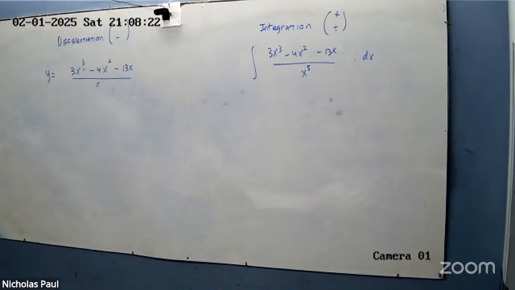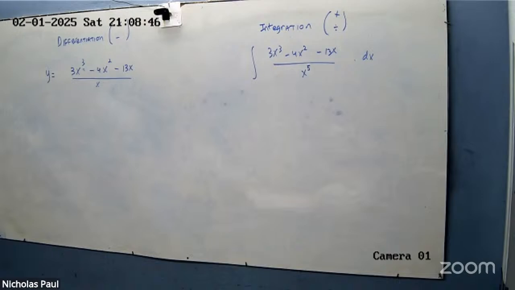What is x cubed divided by x? That way, then 3x to the negative.